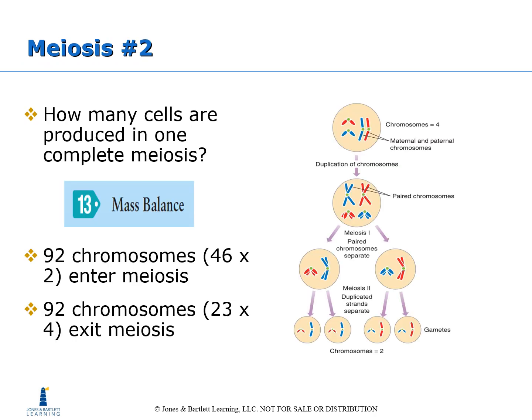The slide asks, how many cells are produced in one complete meiosis? The answer is 4. Starting with one diploid cell, after two divisions you get 4 haploid gametes. Each has 23 chromosomes, so the answer is 4 cells.